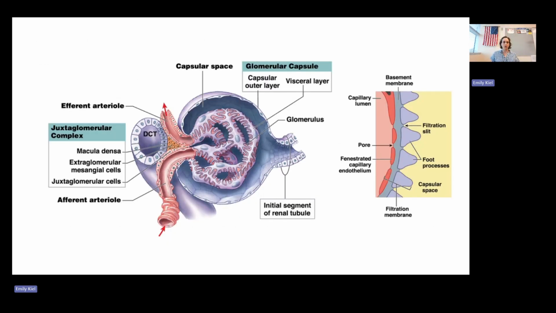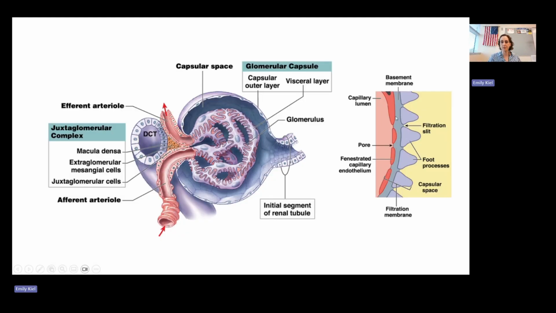So we have here our renal corpuscle. One of the big things we want to look at is the membrane. So the filtration membrane is right here, and it's made of a couple of things. We've got the capillary lumen, where our blood is, and we have fenestrated capillary endothelium. So simple squamous with these very particular pores.